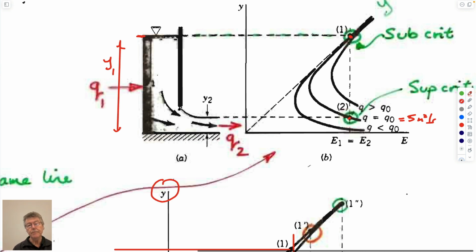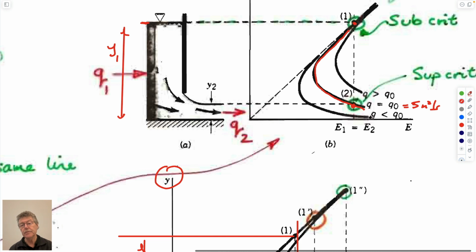It comes out of the bottom, and at the bottom, the flow would be constrained by this curve, which is the middle curve. And because they're the same energy on this vertical line here, the depth of flow in the downstream portion has to be this.